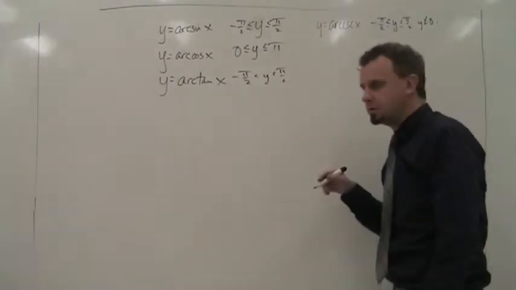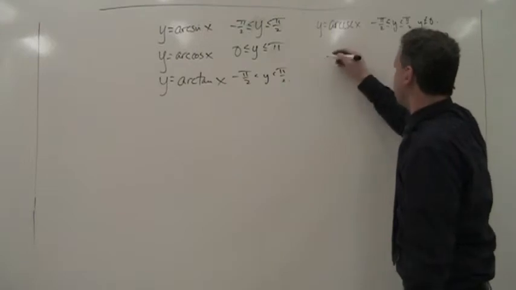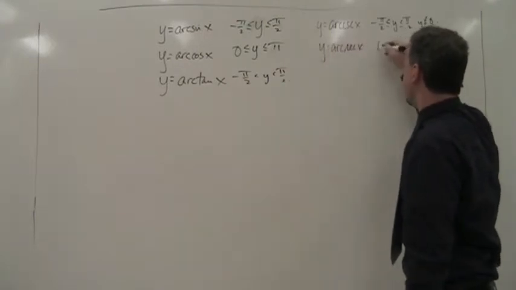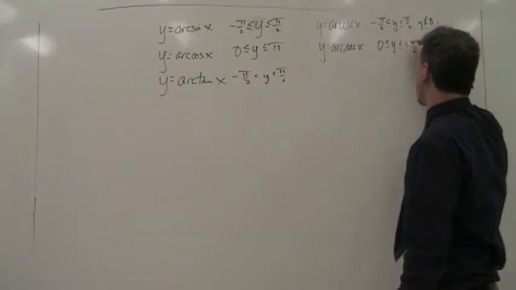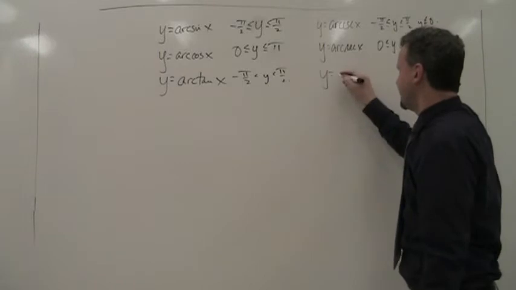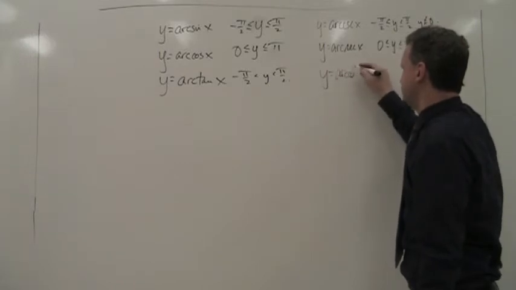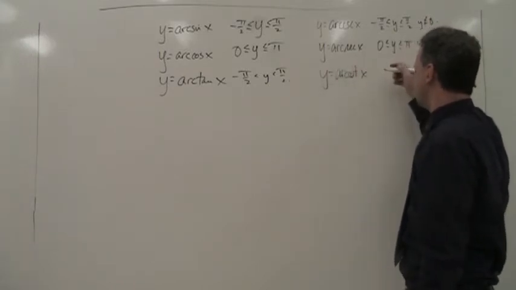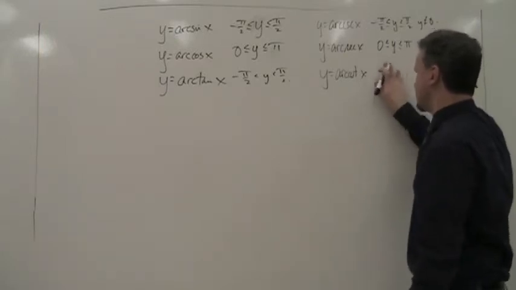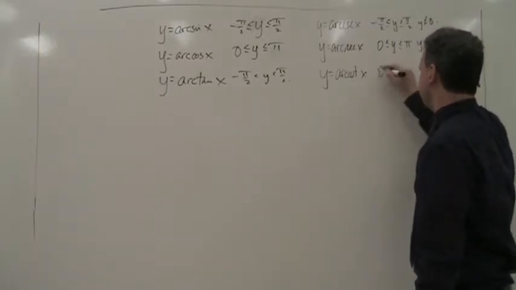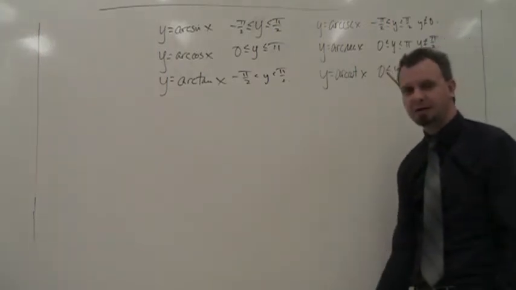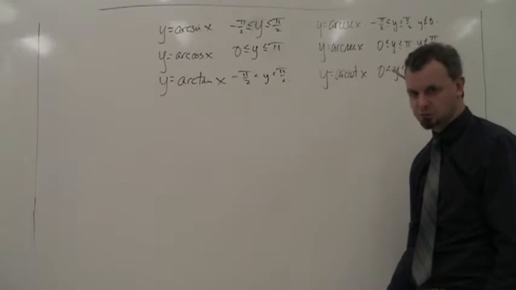They're no good. Over here we're okay. Then we have the arc secant, from 0 to pi, but y can't be pi over 2. And finally, we have the arc cotangent, which runs between 0 and pi, not including 0 or pi, because that's where there are going to be asymptotes.